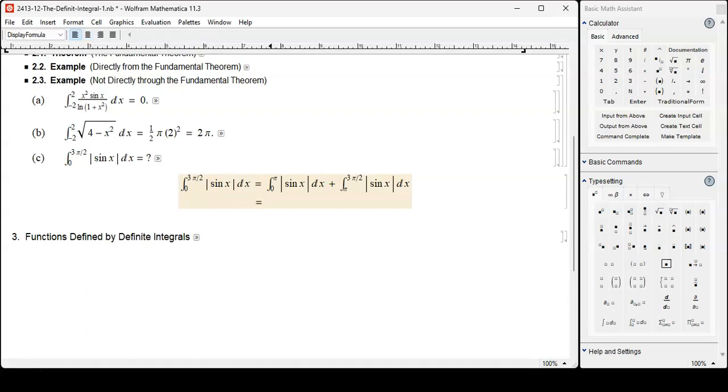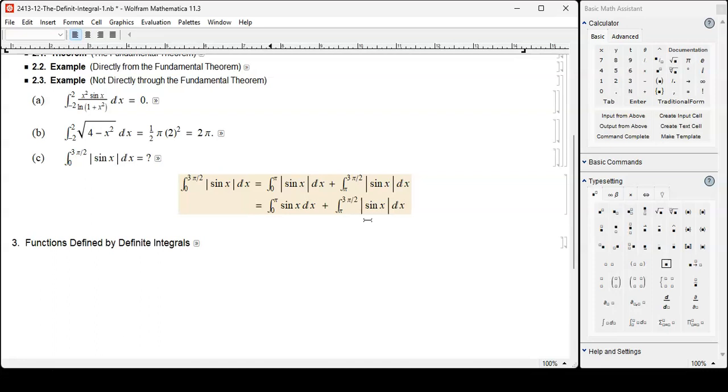From 0 to pi, the sine function is positive, so we do not need the absolute value. Just sine of x is totally fine. And then in the second interval, sine is negative. So if you take the absolute value, we get an extra negative.